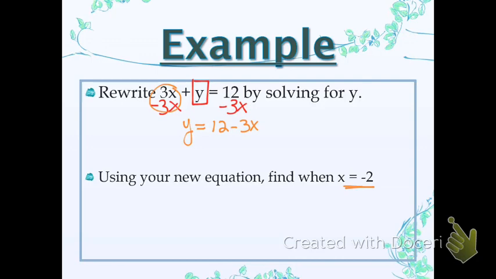Now I know that the x value is negative 2, and I want to find the y value. So I'm going to take my equation, and I'm going to replace the x with the negative 2, and simplify.